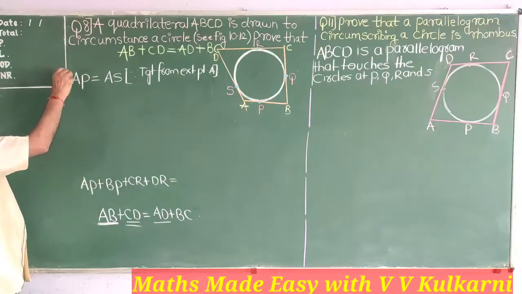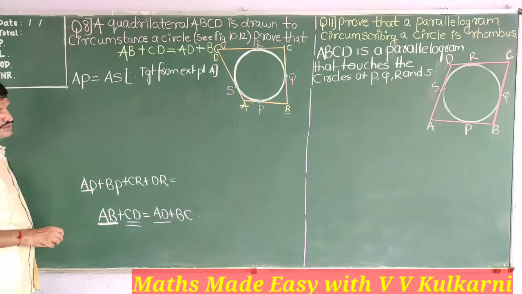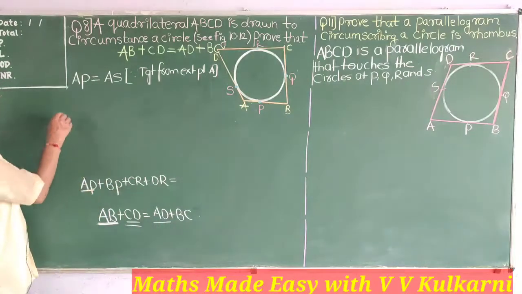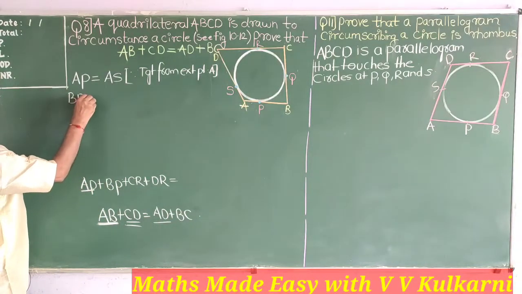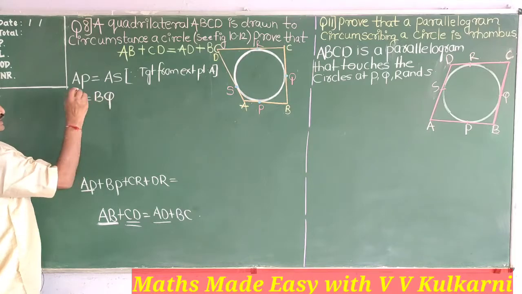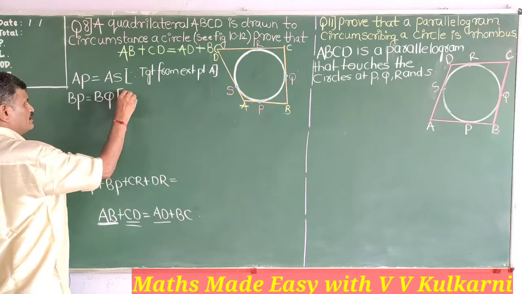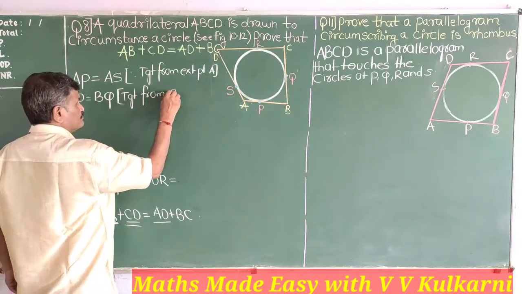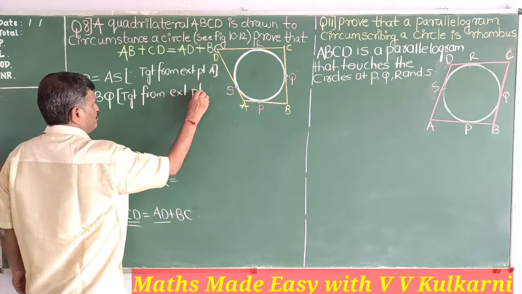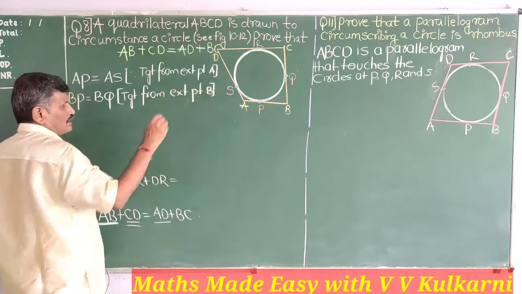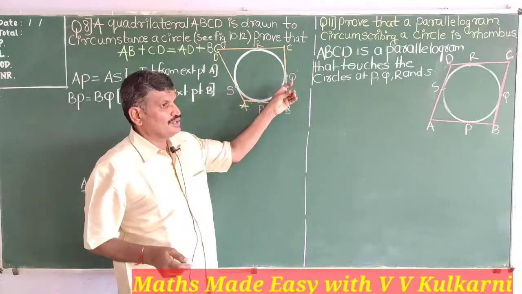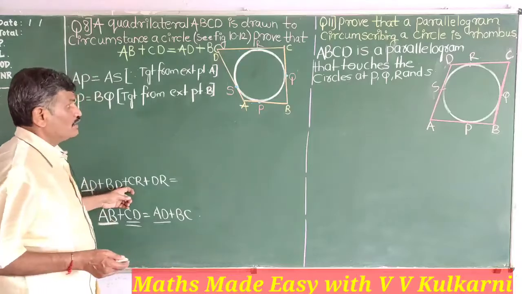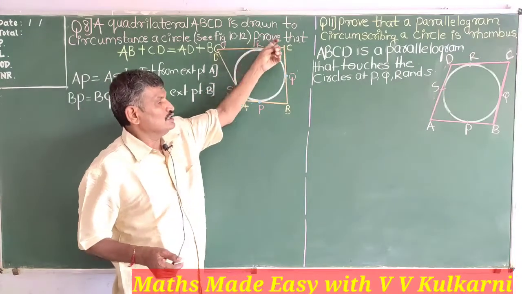See, I am getting AP on the left side. Next I will write BP is equal to BQ, again tangents from external point B. Again I want CR, so I will write CR is equal to CQ.